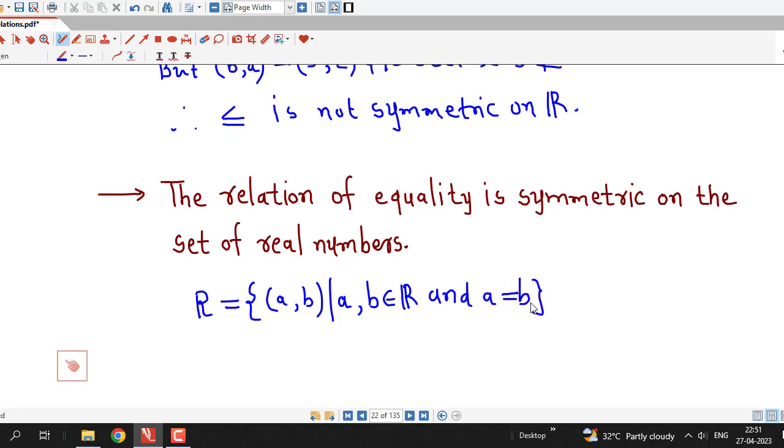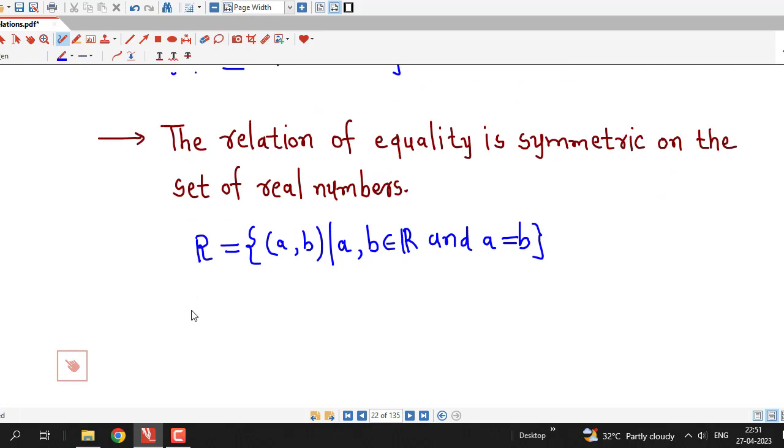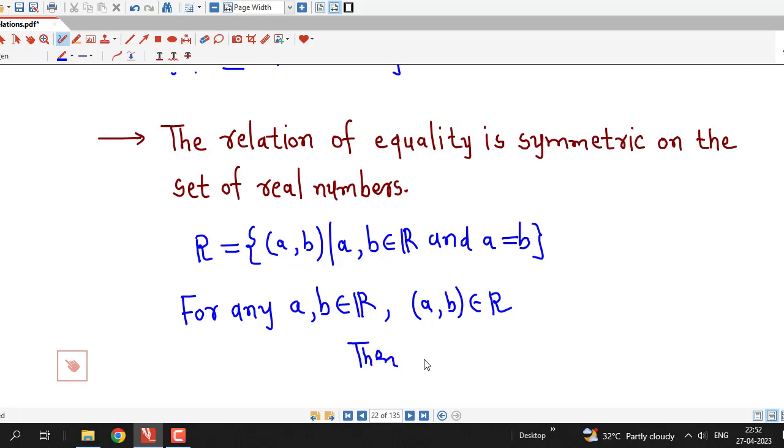So if we take any pair in this relation, suppose we consider any two real numbers (a, b) belonging to R. If we consider this ordered pair in R, then we can say that a equal to b, because if (a, b) belongs to R, then it must satisfy the condition of the given relation, and here the condition is both are equal.